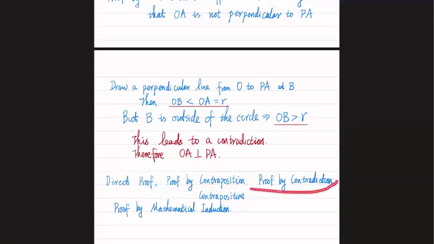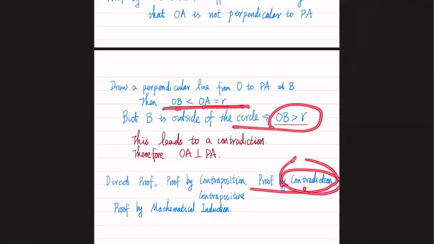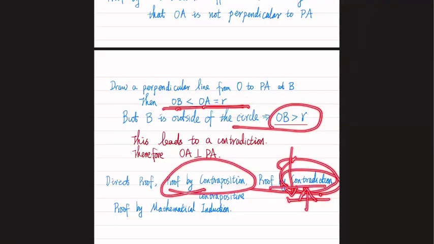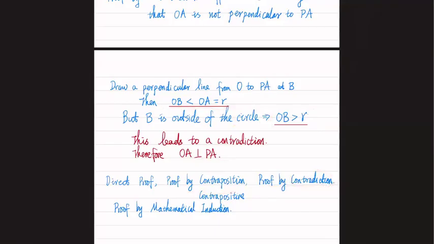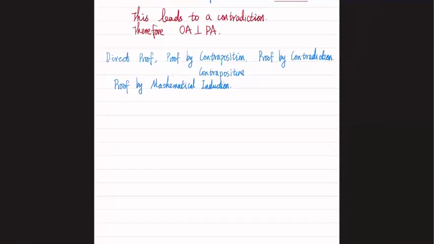Proof by contradiction: we don't know what the contradiction is at the beginning, but in the end, we get something contradictory. So this is specified at the beginning. This is figured out at the end. There are many different differences. Okay, just a few.